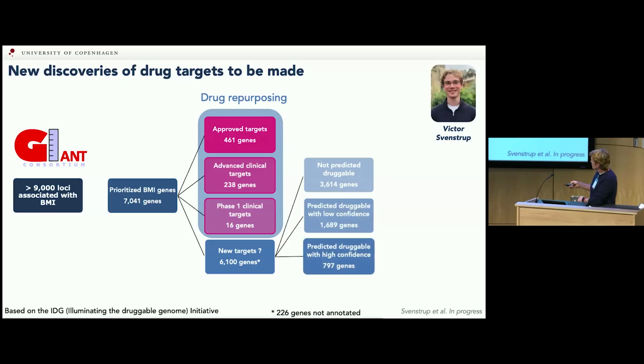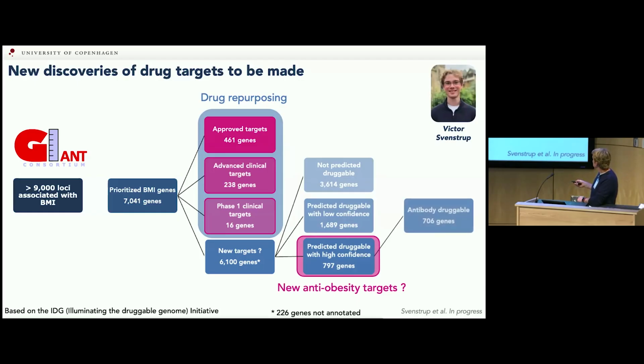There we use the data from the Illuminating the Druggable Genome initiative. Again, about 800 genes are predicted to be druggable with high confidence. So maybe among those there are new anti-obesity targets. Of those 700, most are antibody druggable, and 100 are small molecule druggable.